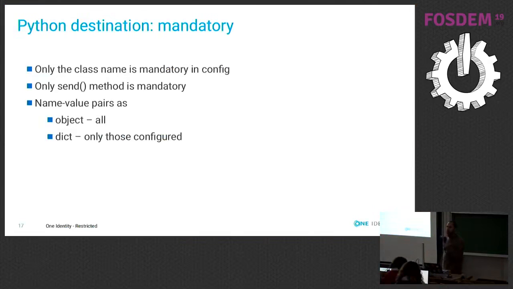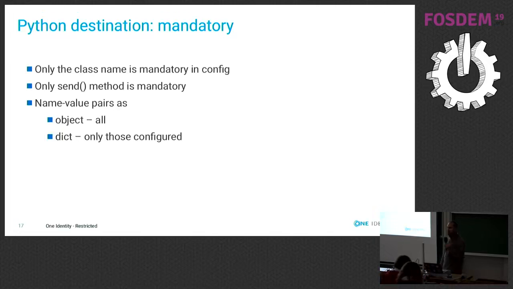Let's start with the Python destination, even if it's logically at the end of the chain, but this was the first one implemented within syslog-ng. On the Python side, the only method you have to implement is send, which is actually sending your message somewhere.